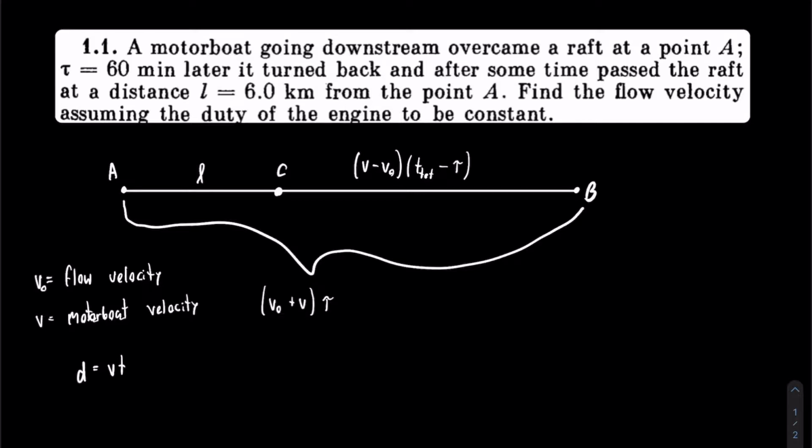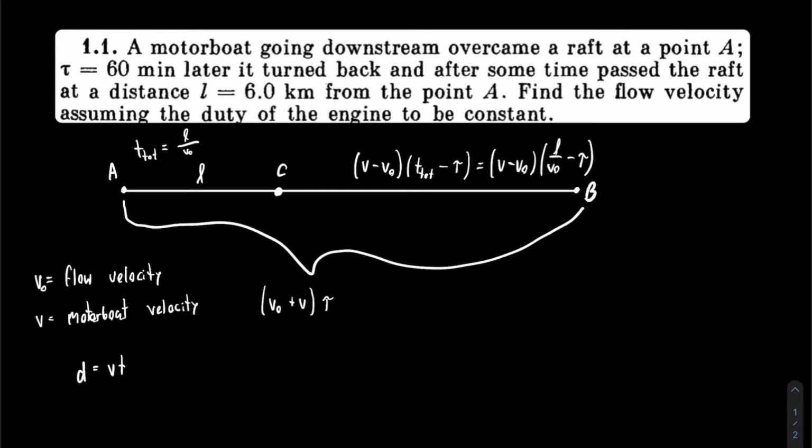This means that while looking at the raft, we could say that the total time is equal to L, which is the distance it covers, divided by v naught, which is the velocity of the raft. Now I'm just going to make that substitution into our equation for line segment BC.